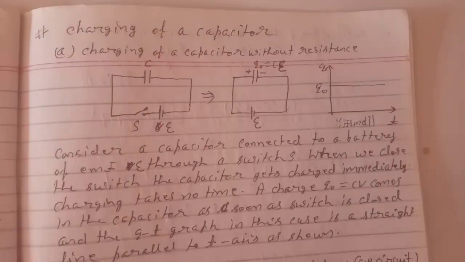In the previous lecture, we talked about Kirchhoff's voltage rule and Kirchhoff's current rule, and also about the electrical instrument used to measure the EMF of a cell and the internal resistance of a cell, and we solved some problems related to this.